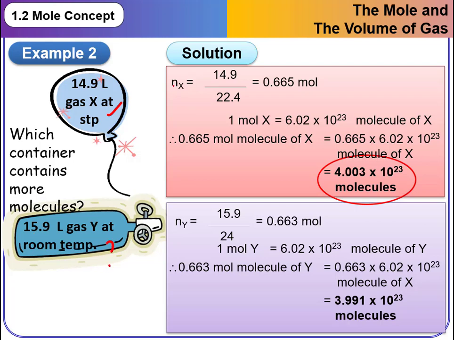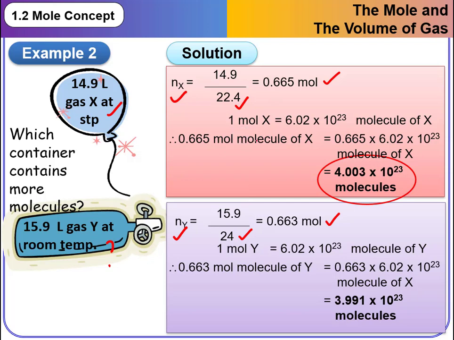What to do is to calculate the mole number for both gas X as well as gas Y. As usual, for STP, you have to divide by 22.4. Then you have the mole for gas X. How about gas Y? You have to divide by 24 at room temperature. So you have this mole of gas Y.